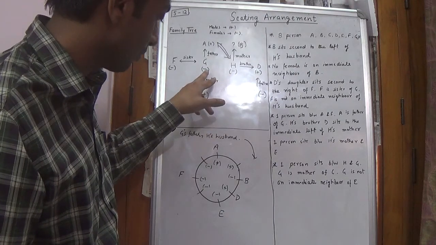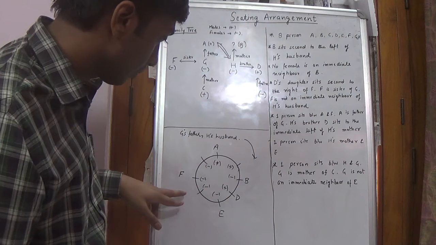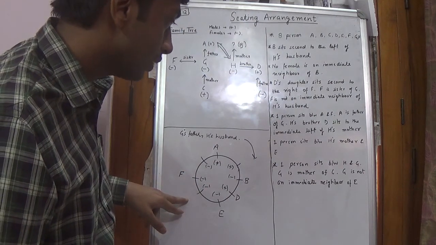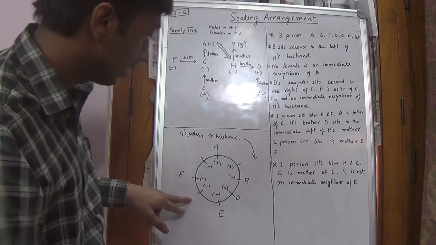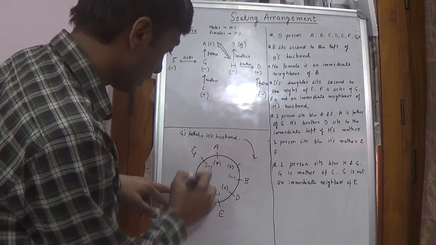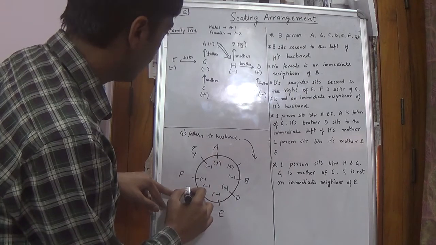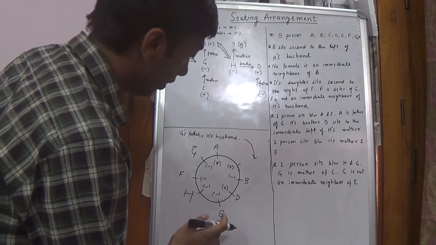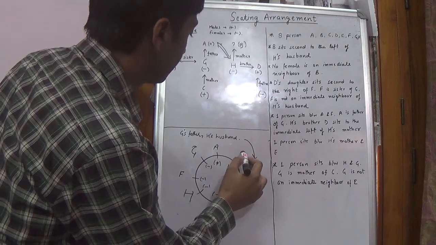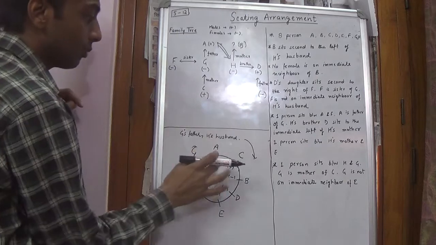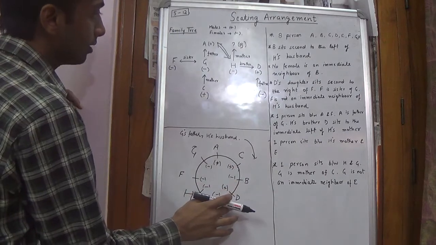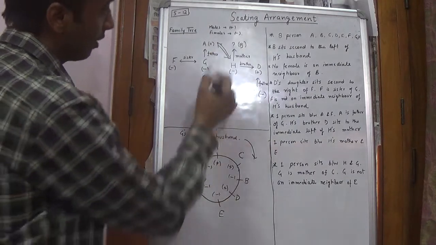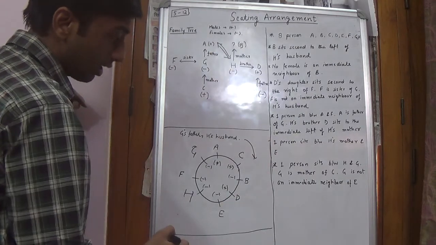G is also a female. So H and G would be here and here. G is not an immediate neighbor of E. So G would be here, and this would be H. And then the remaining would be C here. Just to check, C is a male, D is a male, and A is a male. So this is the family tree that we got, and this is the circular arrangement we got.